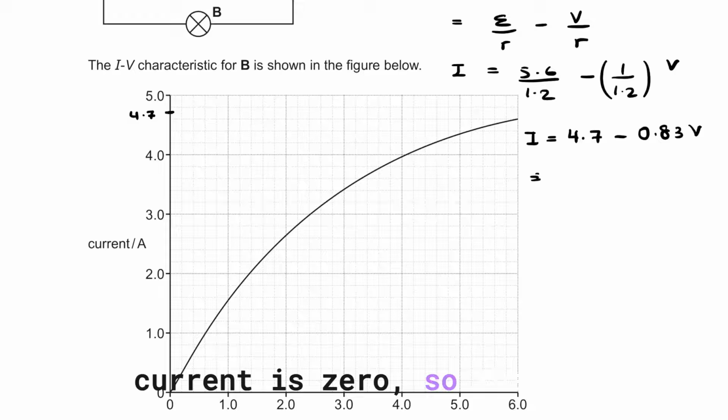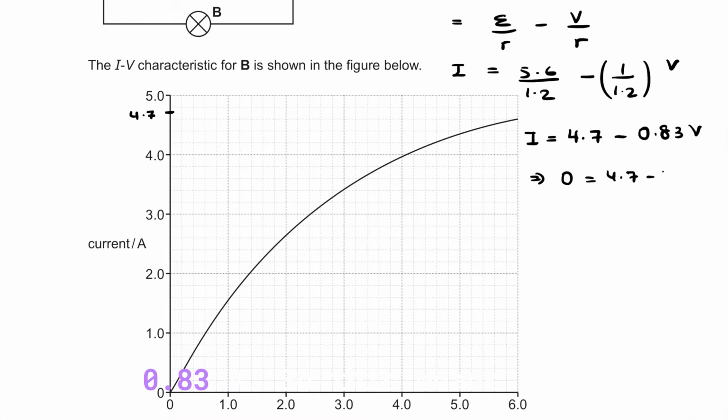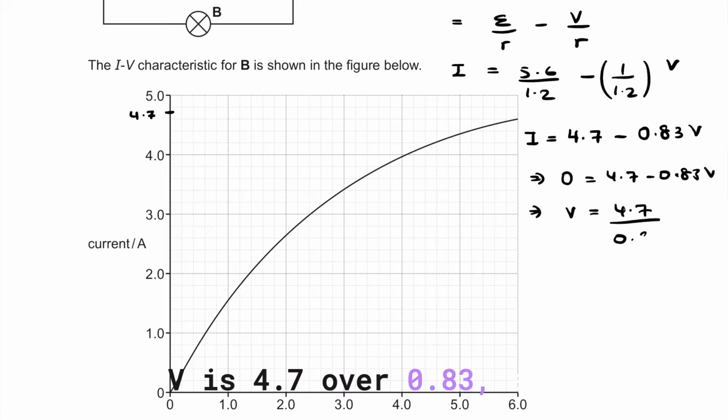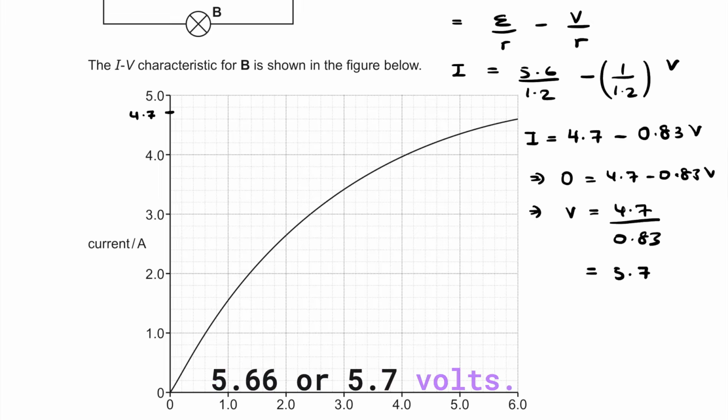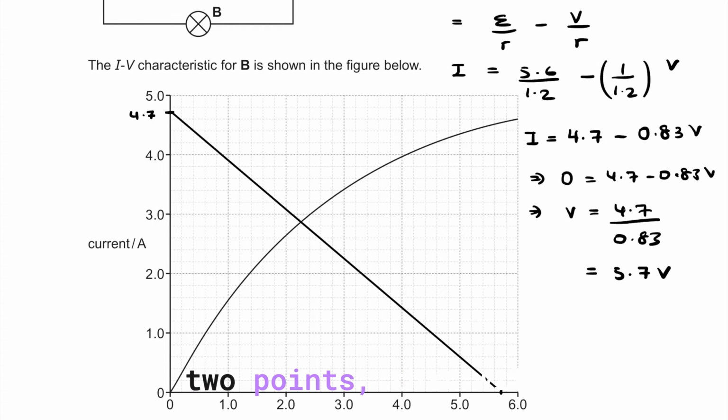So that will be 0 equals 4.7 minus 0.83 V. This means that V is 4.7 over 0.83, and that gives me a value of 5.66 or 5.7 volts. So 5.7 volts will be around about here. If I just join these 2 points, that will be my straight line.